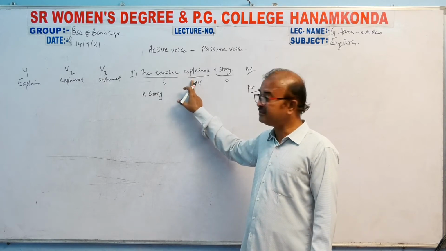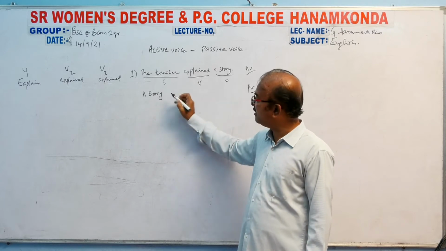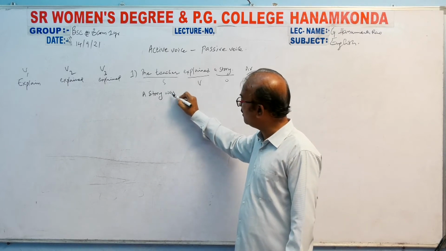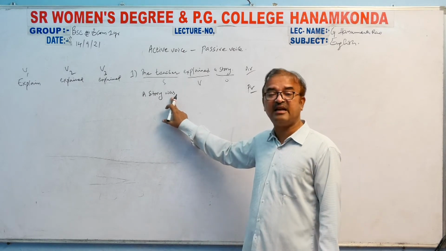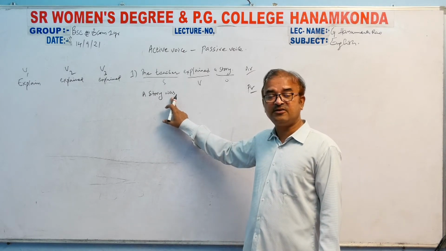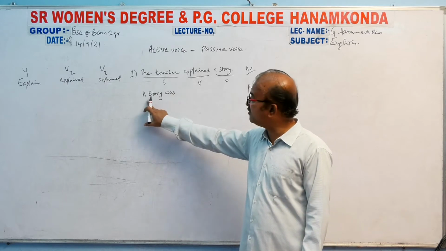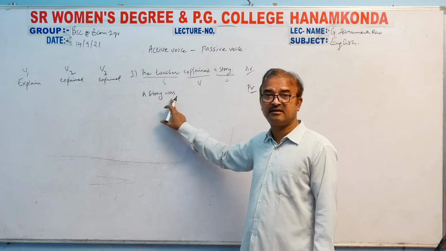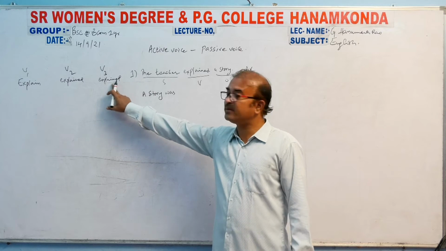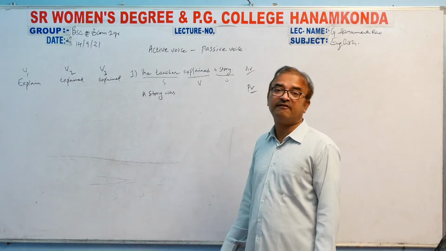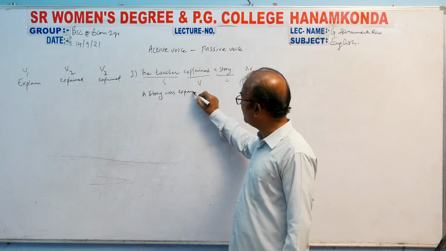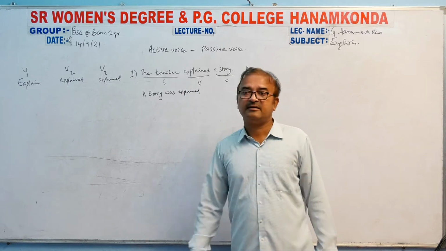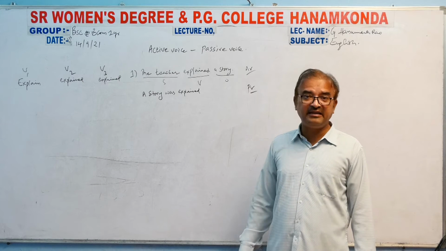So verb in the past tense, object singular, receives what? Was. So was is the helping verb which is used in past tense to refer to singulars. A story was. And after that, what is this one here? V3. Verb 3 has to be taken into consideration. A story was explained.